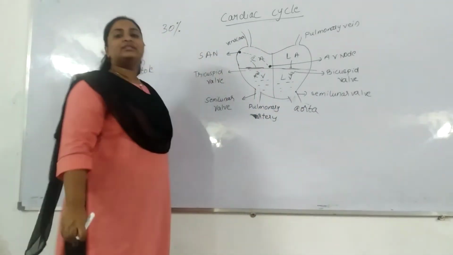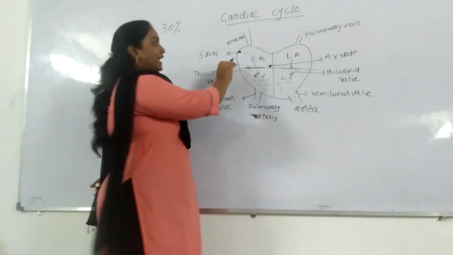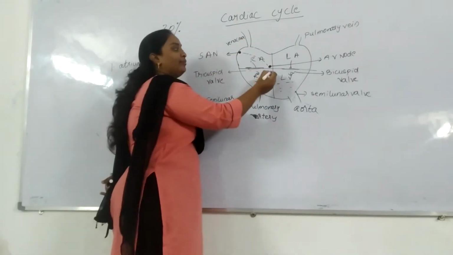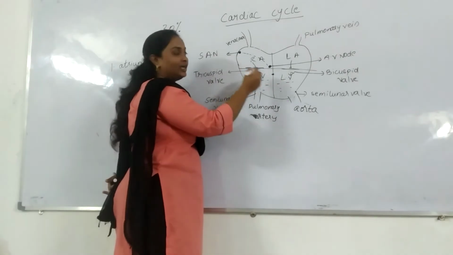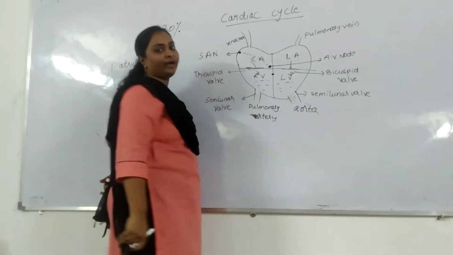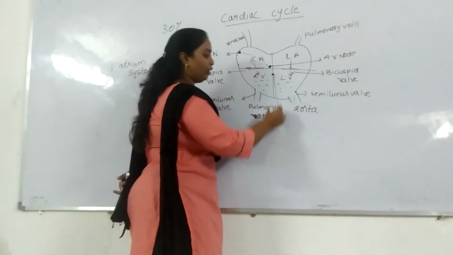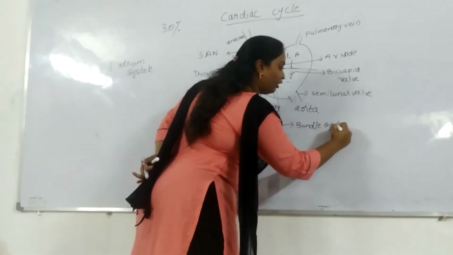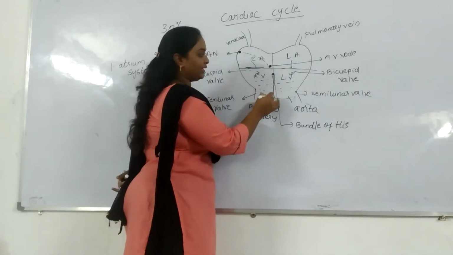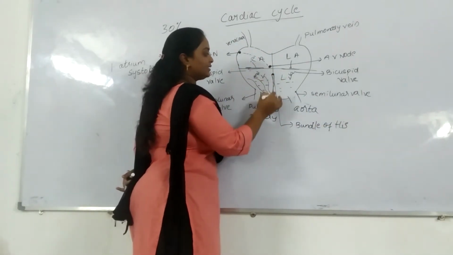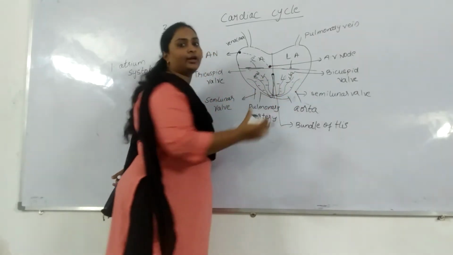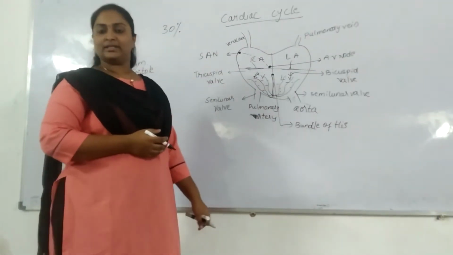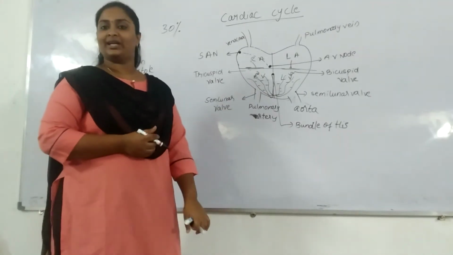The impulse from the atrioventricular node comes from inside and emerges out at the ventricular junction called the bundle of His. From there, through the Purkinje fibers, it supplies the whole ventricular muscle. So now ventricular systole happens, which is ventricular contraction.